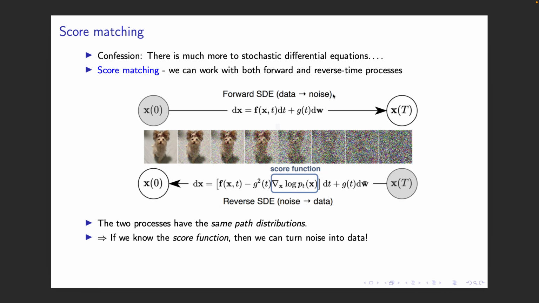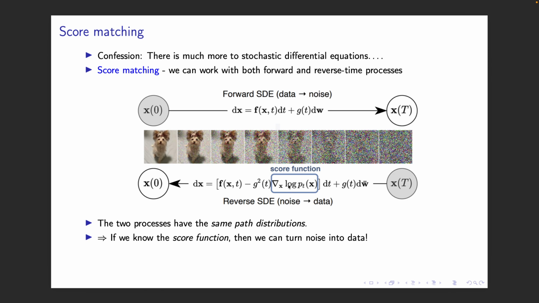These two processes are related in that they use the same model components, and the only thing that differentiates them is that you have to add another term in the stochastic differential equation that depends on what is called the score function.